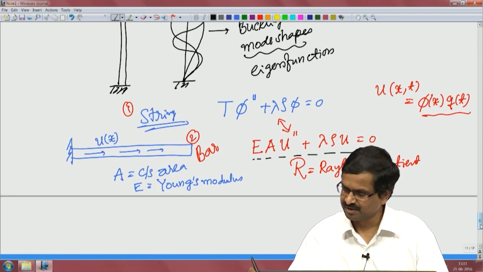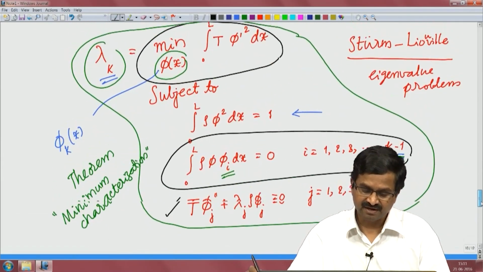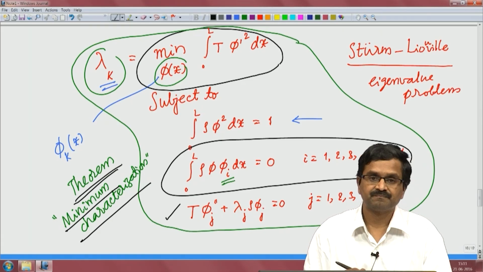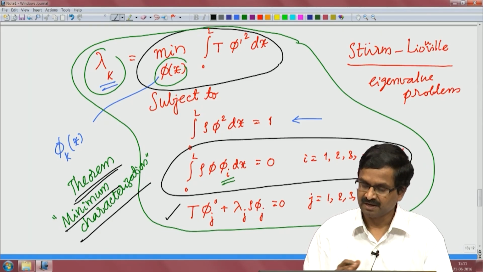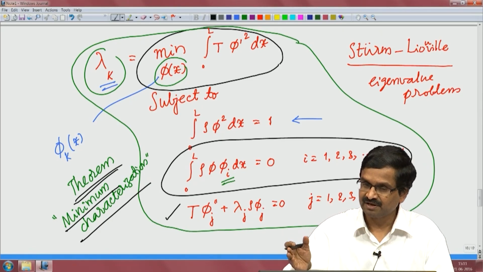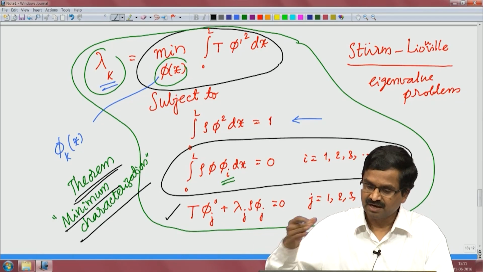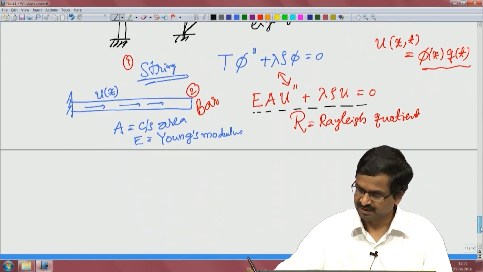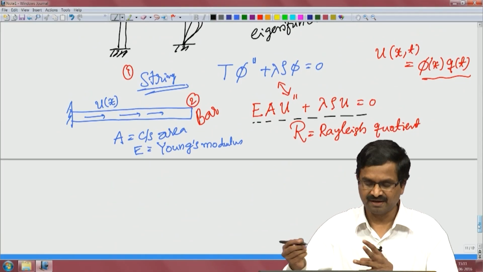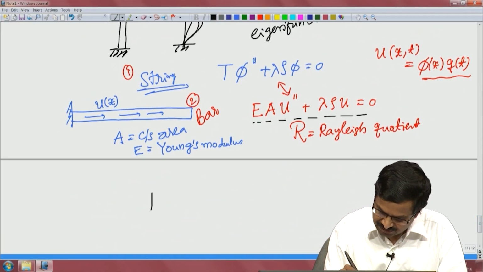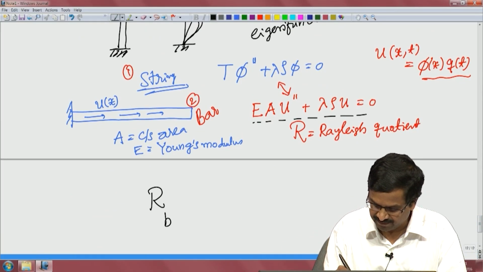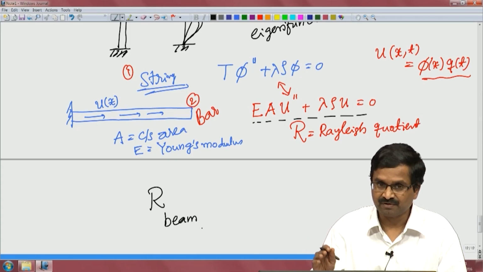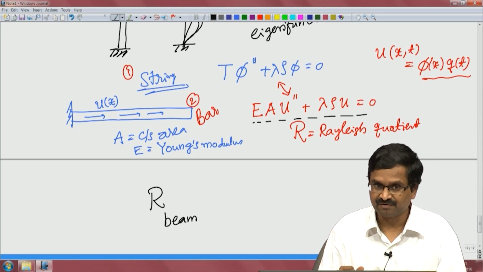Okay. Every one of them will have a Rayleigh quotient, and you will get a minimum characterization theorem such as this for all of them. Okay. First of all, there are infinite eigenvalues and hence infinite eigenfunctions, and there is a minimum value, okay, for a beam, for a bar, everything. Okay. So, Rayleigh quotient, if you were to work it out for a beam, again you can write kinetic energy, potential energy or strain energy that you need for free vibrations.